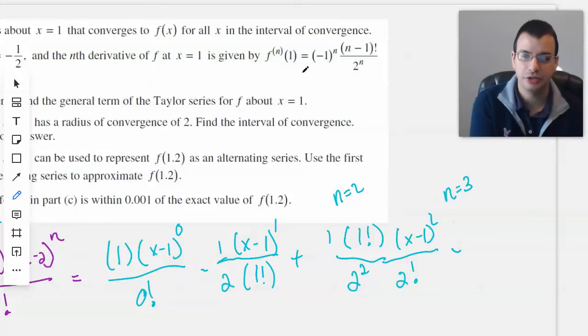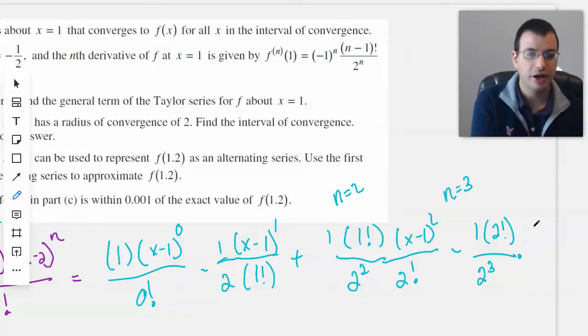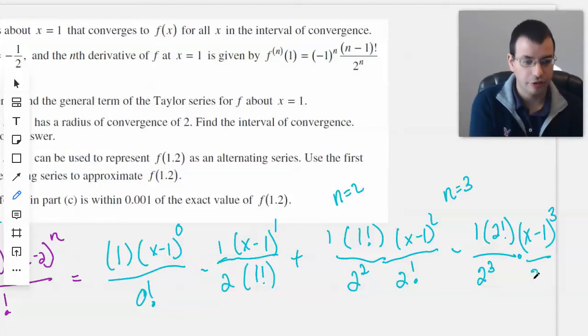Okay, then we get to negative 1 to the third, which will be negative 1, times n minus 1 factorial, which will be 2 factorial, which will just be 2, all over 2 to the n, which will be 2 to the third, times (x minus 1) to the third, all over 3 factorial.